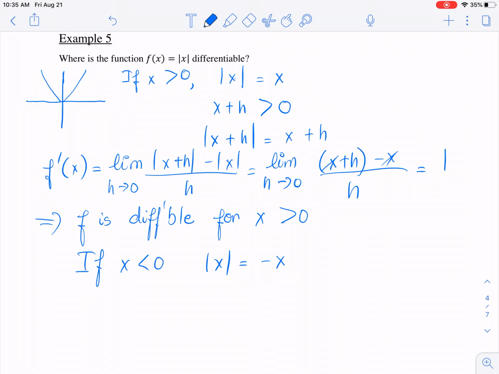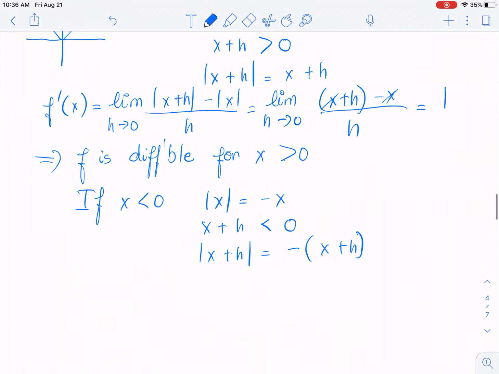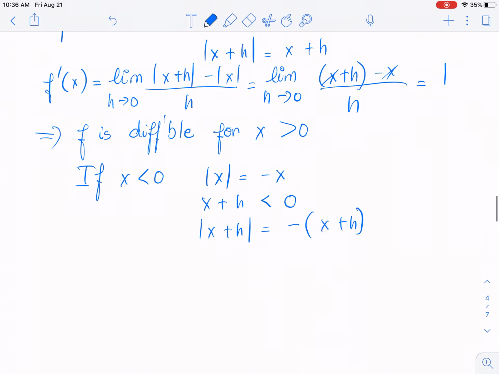Once again, we choose h small enough so when we add h to x, we still get a negative number. So what do we know? When we take the absolute value of x plus h, we end up with negative x plus h. So for x negative, what do we have?